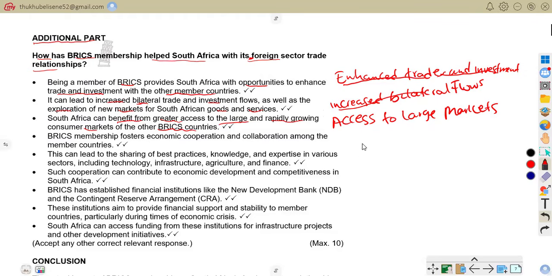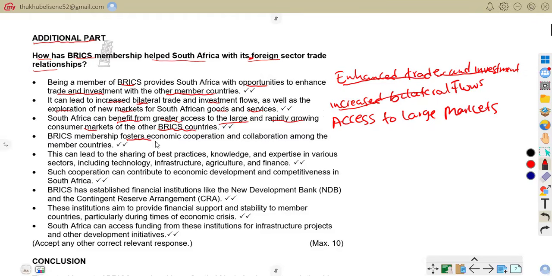Meaning to say, BRICS offers South Africa greater access to large and growing consumer markets, increasing export opportunities and diversifying trade partners. That is that. So let us move on.